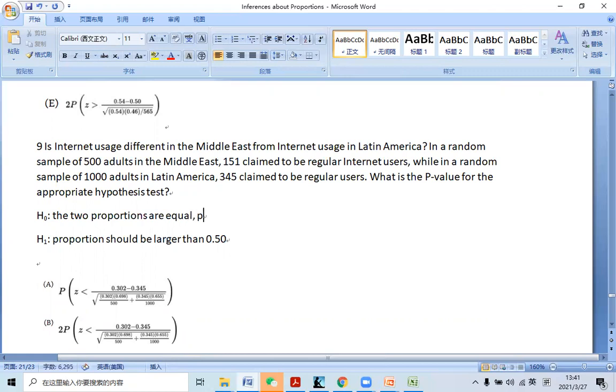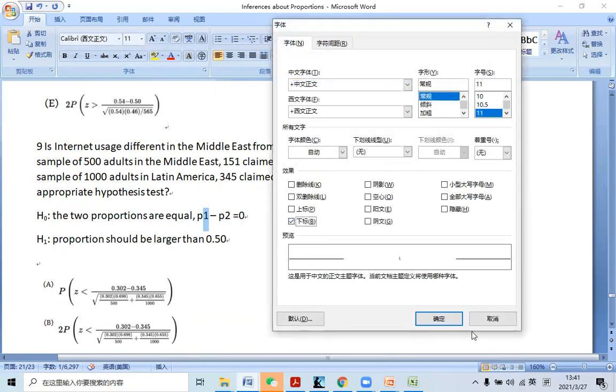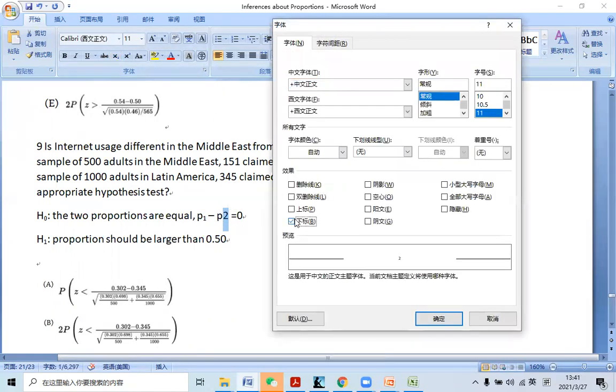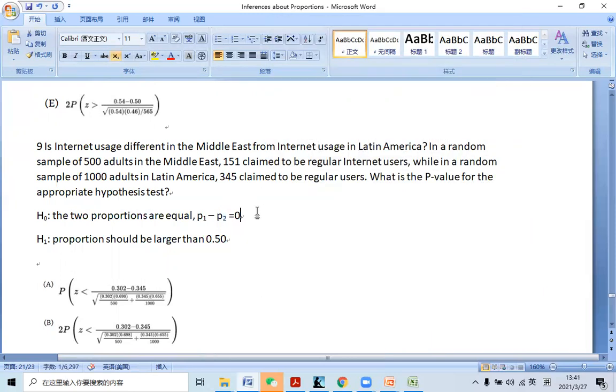So you have P1 minus P2 should be 0. The proportion of internet users in the Middle East and in Latin America should be equal to each other. So the difference should be 0.